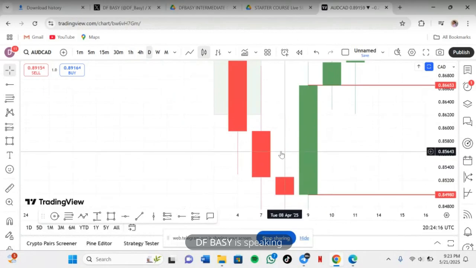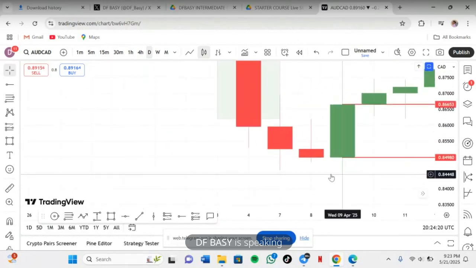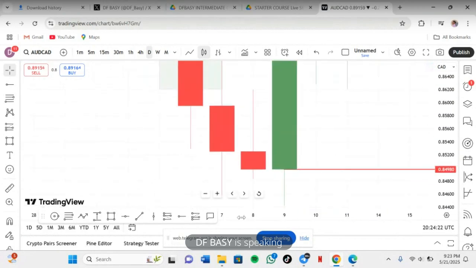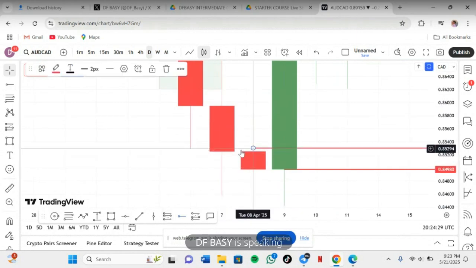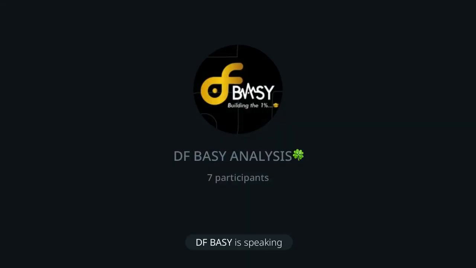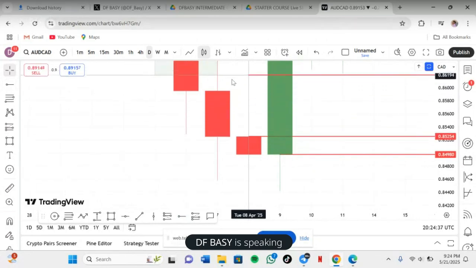Same thing with this bearish candle, this red candle. Now, what does this red candle tell you? It tells you that the market opened here. Then buyers came in and tried pushing the market upward.